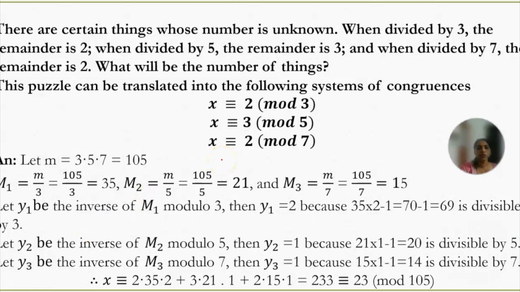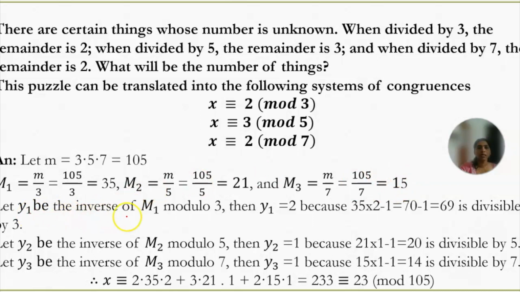Let M equal to 3 into 5 into 7. The product is 105. Then we let capital M1 equal to M divided by 3, that is 105 divided by 3 equal to 35. M2 equal to M by 5 equal to 105 divided by 5 equal to 21. And M3 equal to M by 7, which is equal to 105 divided by 7 equal to 15.